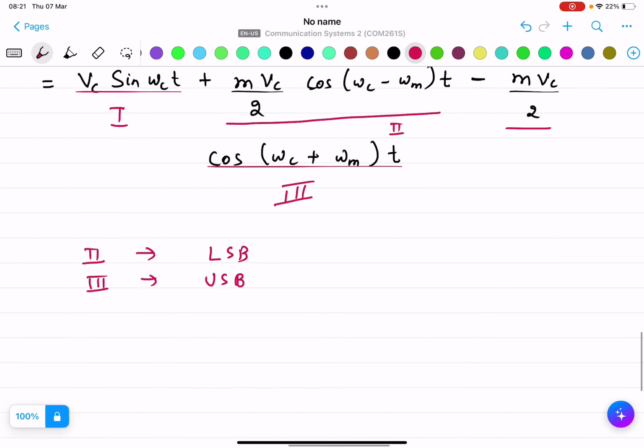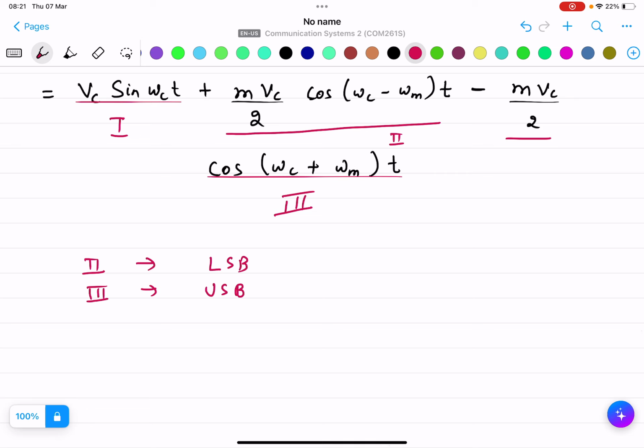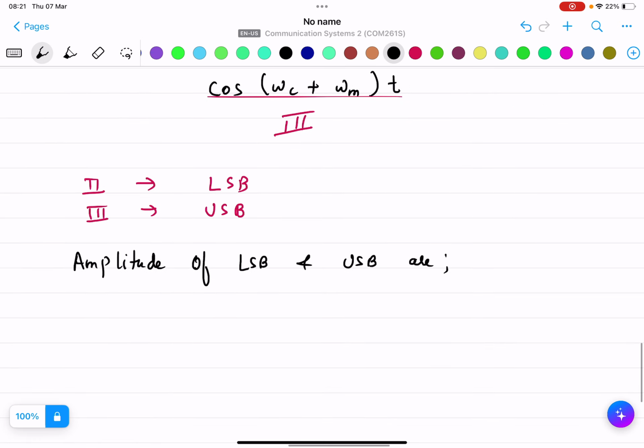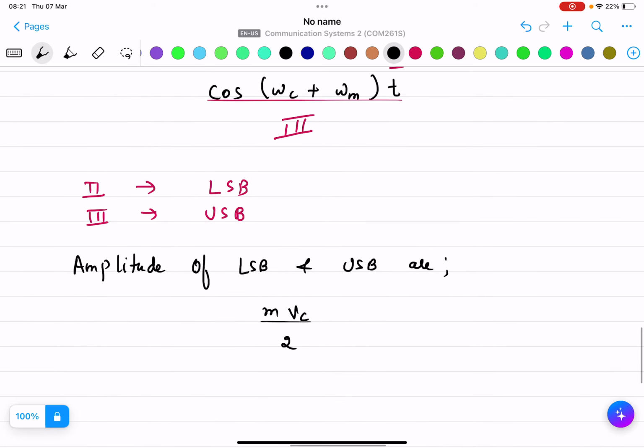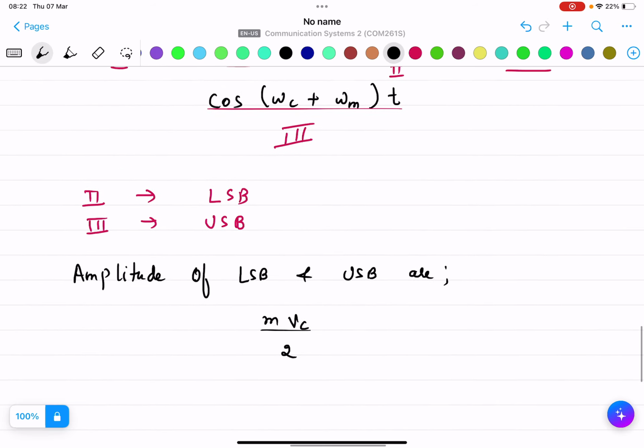Now, if we talk about the amplitude, the amplitude of LSB and USB is m Vc by 2. So if there is a numerical based on the amplitude, you can directly use this formula m Vc by 2, right?